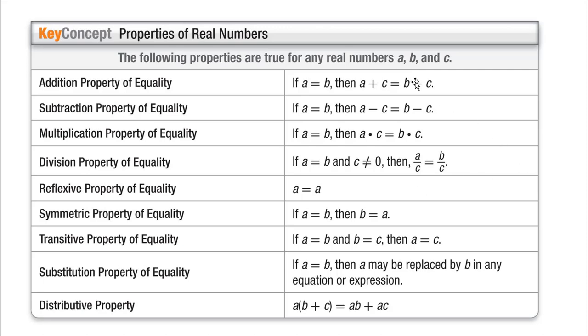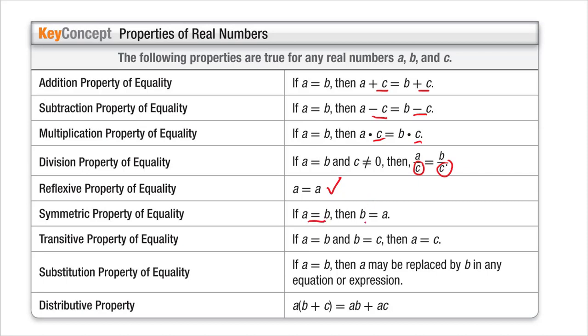Okay, so the addition property, hopefully it makes sense to you. You have A equals B, you're adding a number to both sides. Similar to subtraction, similar to multiplication, similar to division. Reflexive property. This is going to be really, really important to us in the next chapter when we start proving triangles congruent. Symmetric property, sometimes I call this symmetry.